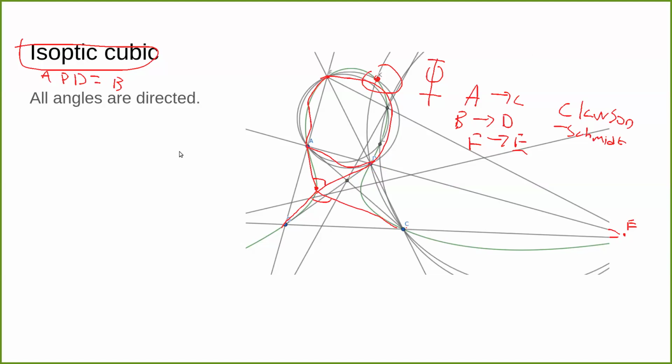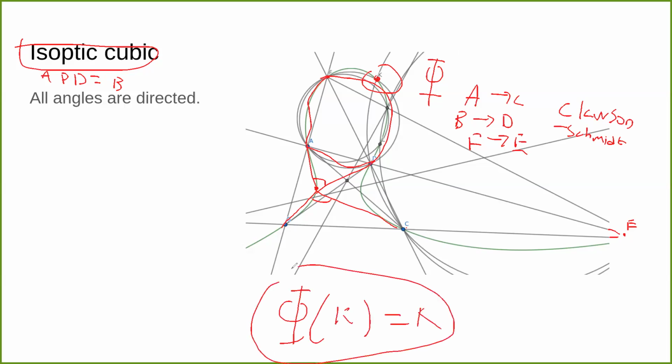The important thing is that under phi, let's call this cubic K, phi of K equals K. So this cubic is mapped to itself after the Clausen-Schmidt inversion, basically. And this probably lets us prove everything about this cubic.